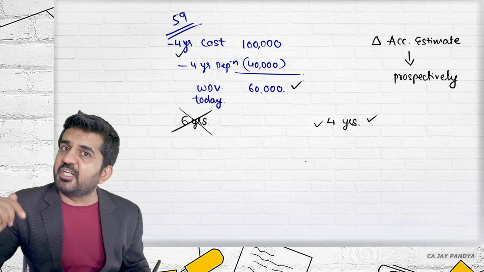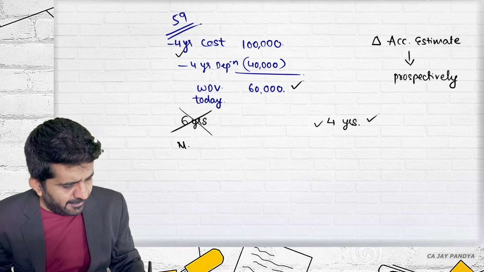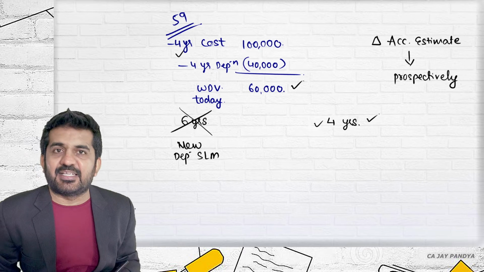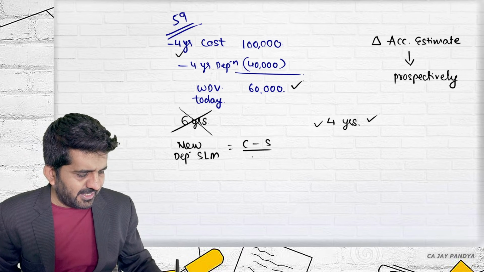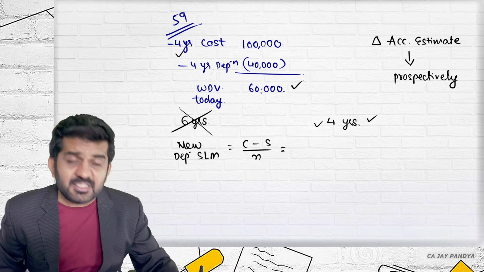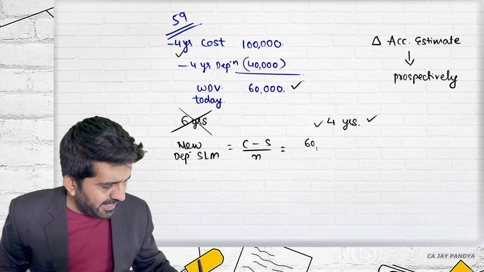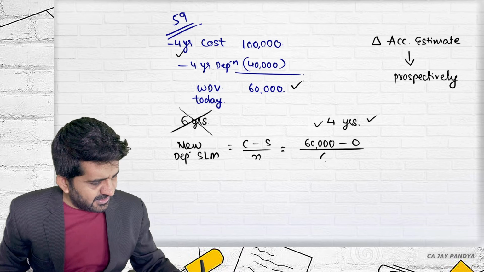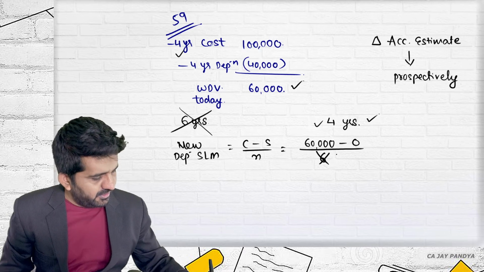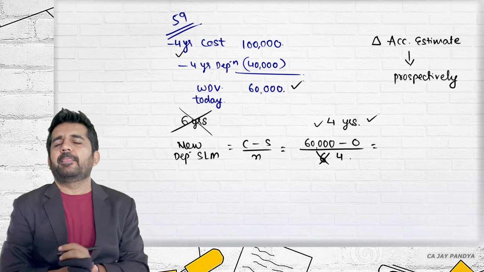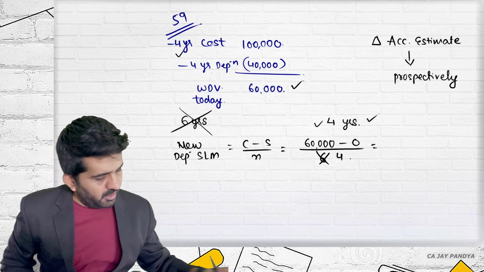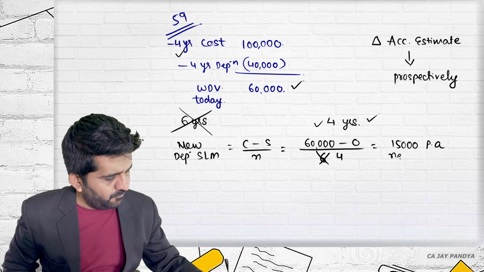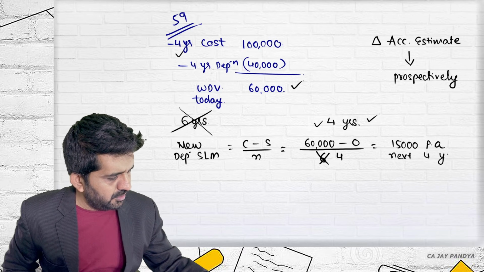There is no revision in scrap value, and no change in method. So the method remains SLM. It is cost minus scrap divided by number of years. The cost remaining to be depreciated is 60,000 minus 0. How many years are still pending? 6? No. They are only 4 years. So this will be 15,000 rupees per annum for the next 4 years.